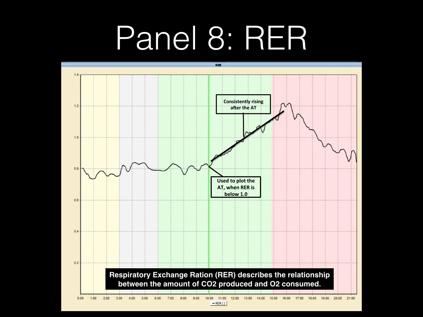After the anaerobic threshold, the respiratory exchange ratio rises, usually to above 1, and this is because there is extra CO2 made compared to O2 consumed. Although we usually don't use this plot to identify the anaerobic threshold, it can be helpful sometimes.